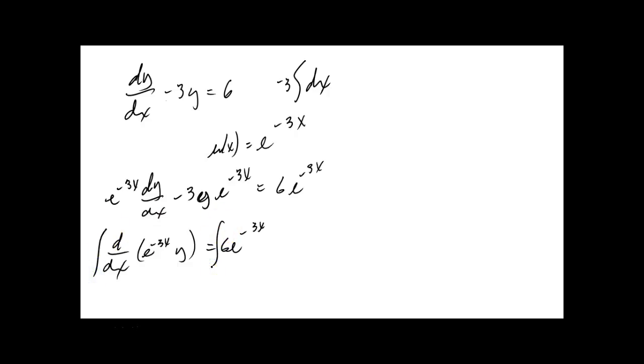Don't do separation of variables, you can't because it's not separable. But this is a perfect derivative. So what you get here is y, I'm going to put the y in front, y e to the minus 3x is equal to, and integrate this with respect to x, and what do you get?